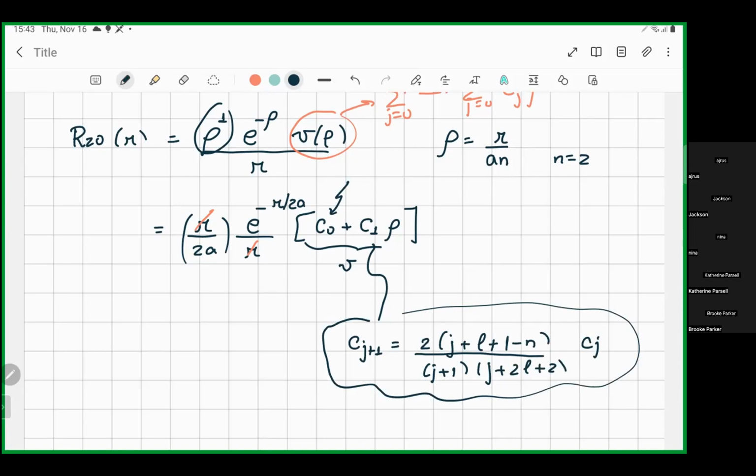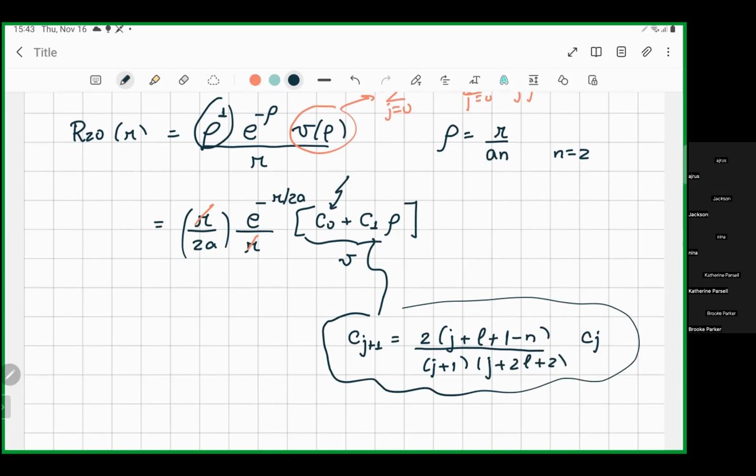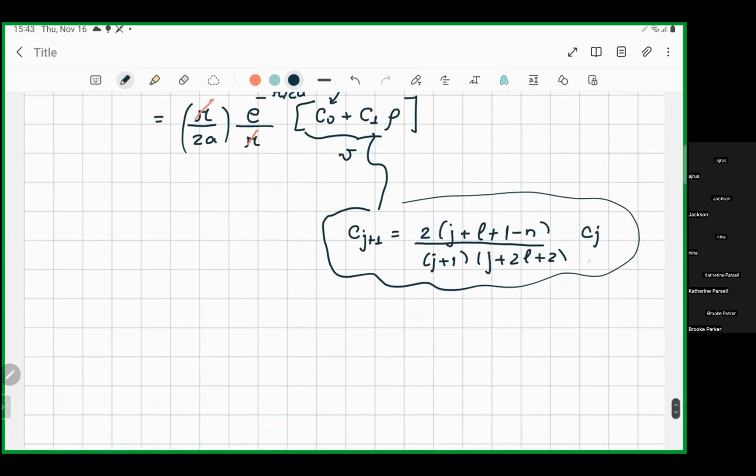Of course, you don't need to know that. This is something that is given to you. So if I have c_0, how am I going to obtain c_1? Well, wherever there is j in this equation, I'm going to put 0. L in our case is 0. n in our case is 2.